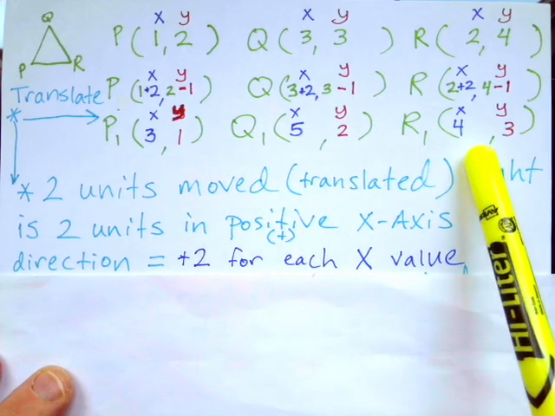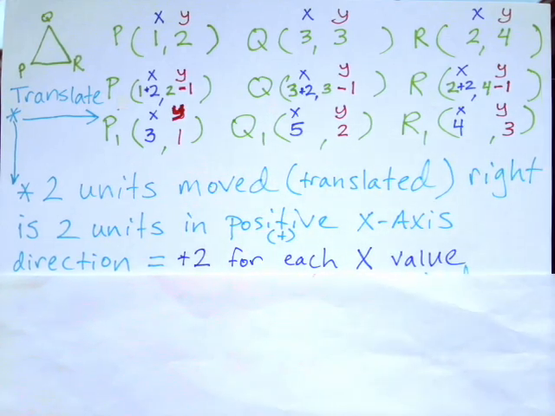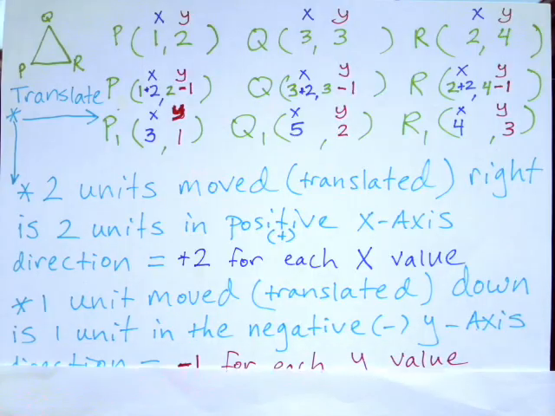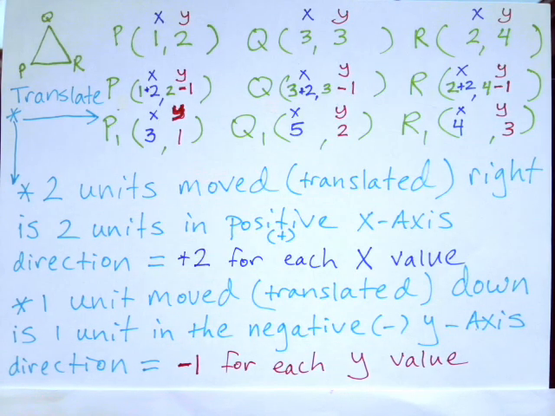Now, I want to take a look at the other translation, which is 1 unit moved down, which is 1 unit in the negative y-axis direction. So I will add a -1 for each y value.